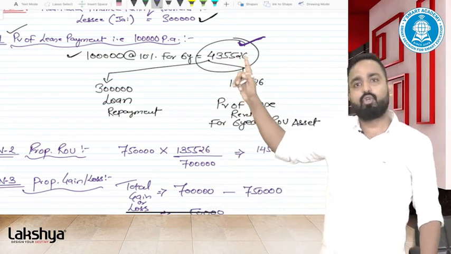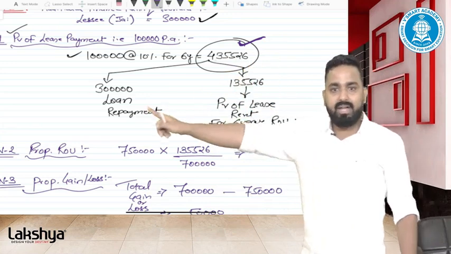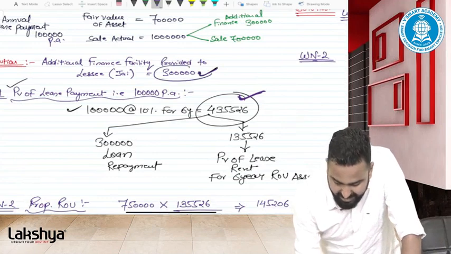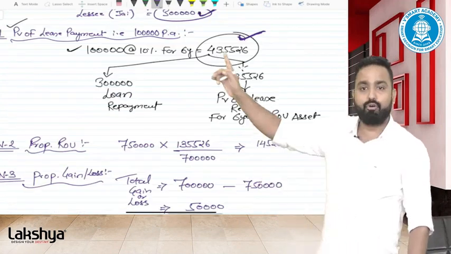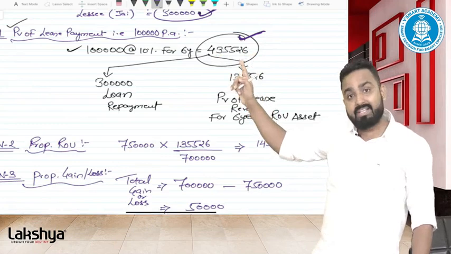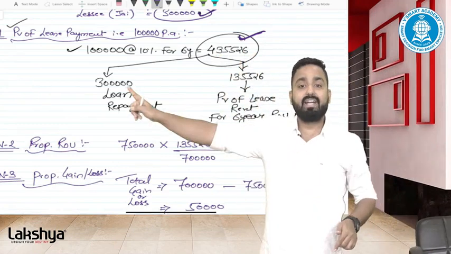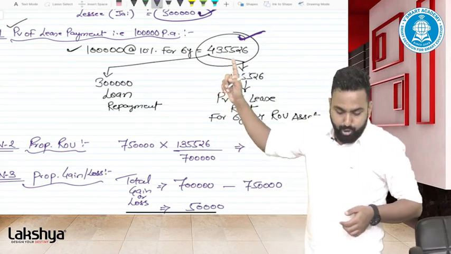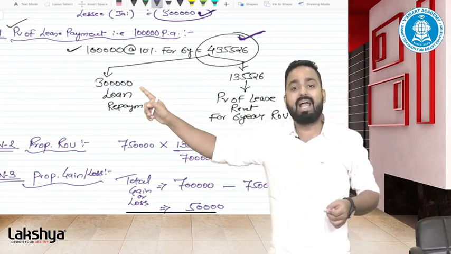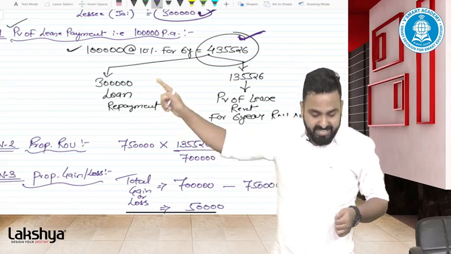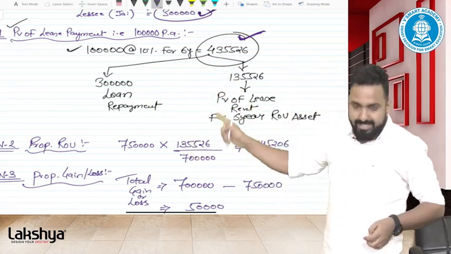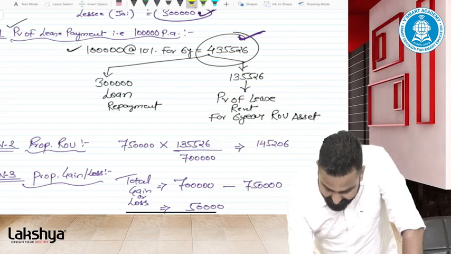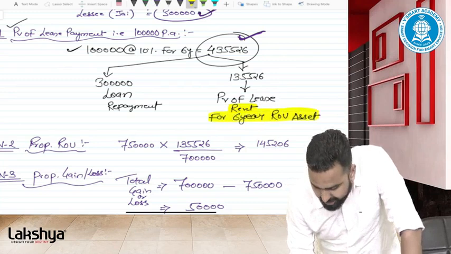This is the present value of total payments, and presently we received 3 lakh rupees. So out of 4,35,526, which is the present value, we deduct rupees 3 lakh, which is the additional finance we have taken at present. So out of 4,35,526, 3 lakh is the finance facility loan repayment, and the rest is the present value of lease rent for 6 years, the ROU asset.